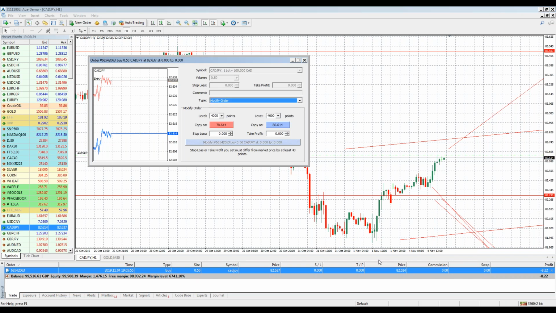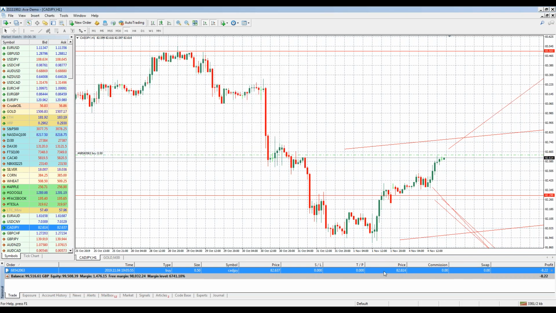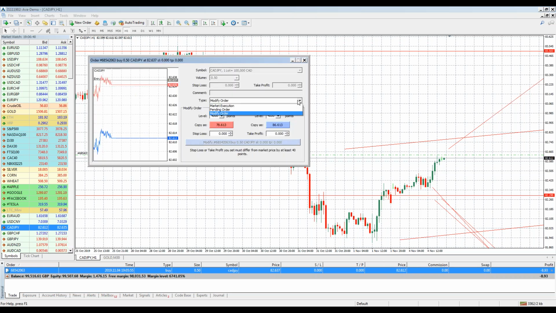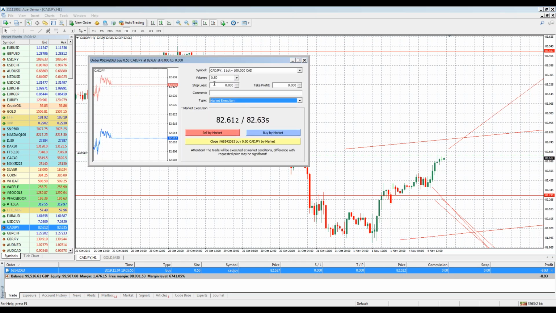Let me show you. I'm modifying the current position. Let's say it's in profit that I like. I go to market execution. Let me change it from half a lot to 0.3. Maybe I'm going to take 0.3 of my half a lot. Whatever I put here, if I go to close, it's going to close that amount of the trade.